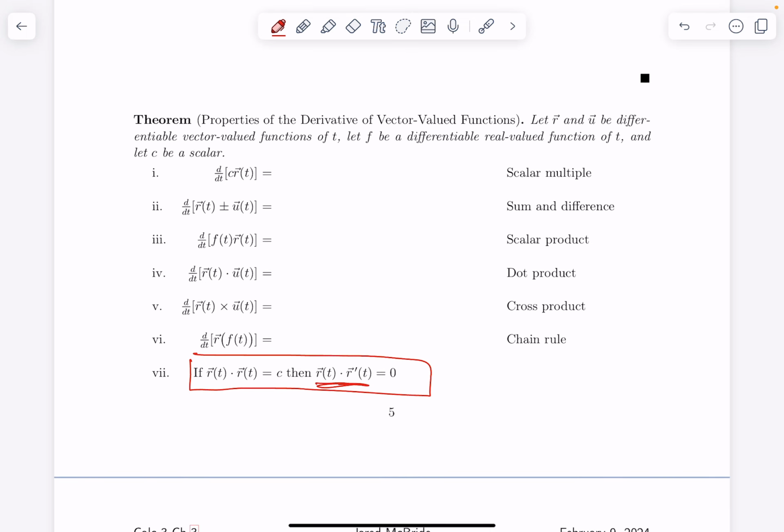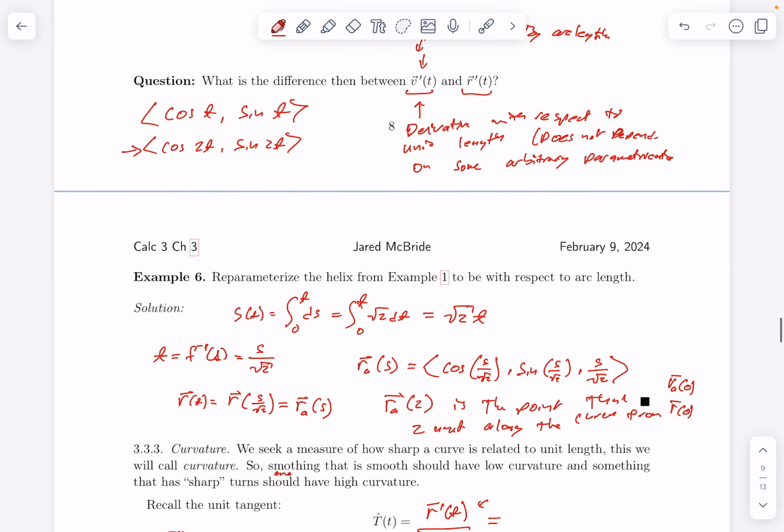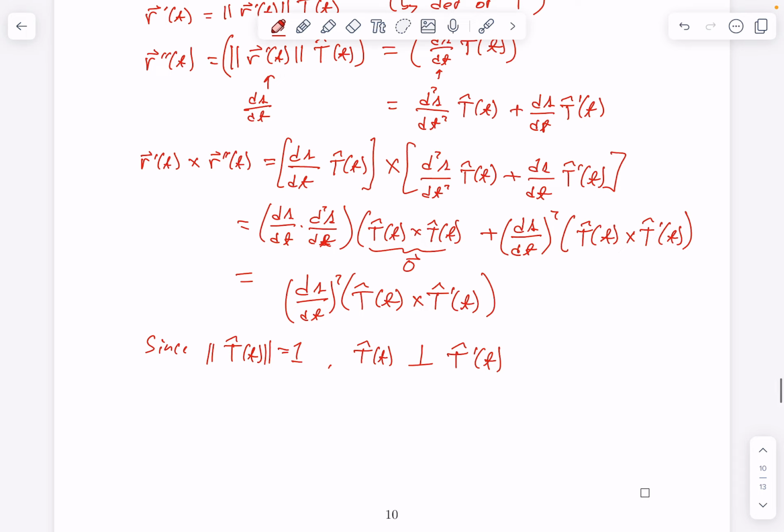So they're perpendicular. The dot product is 0. If the dot product of a function with itself is constant, then the derivative vector must be orthogonal to the original vector. And so we're going to use that fact here to compute our cross product right here. So that means that theta equals 90 degrees, or pi halves.